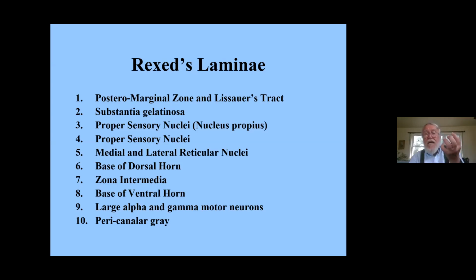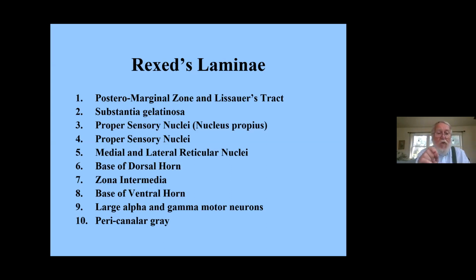Whereas the lateral spinothalamic tract had as its beginning lots of C fiber nociceptive input, the anterior spinothalamic tract, getting its fibers from lamina 3 and 4, is getting primarily gross pressure, gross touch, gross whatever.